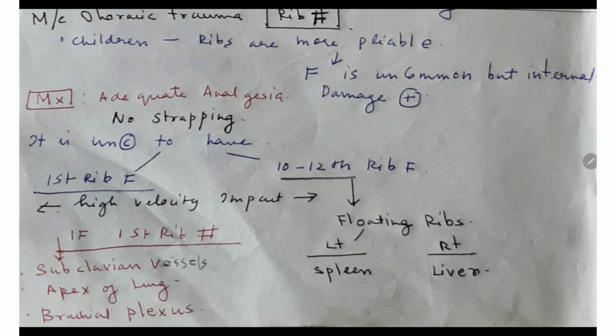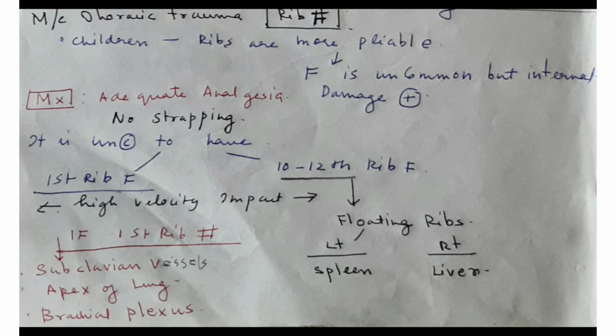Instead of getting broken, the ribs will buckle inside, so fracture is uncommon, but there are high chances of damage to the internal organs. Whereas in adults, there are high chances that the rib will fracture.